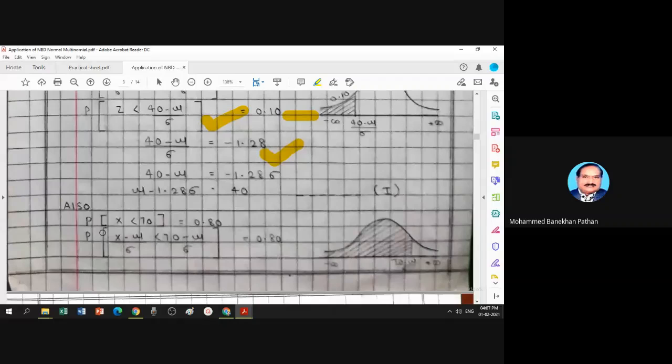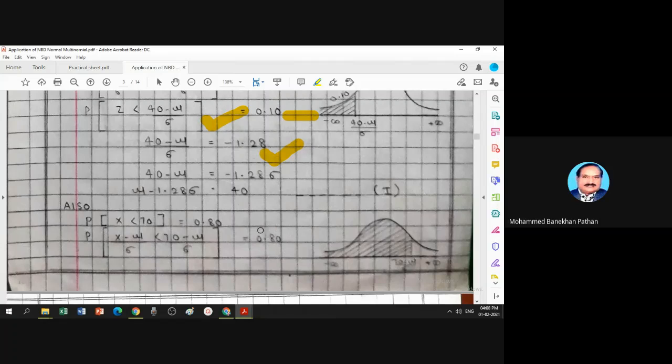Second statement: probability X less than 70 is 0.80. Again make the transformation, X minus mu by sigma, so 70 minus mu by sigma is 0.80. Now, as I just told you, inside the probability sign is less than, so I speak from the left hand. I start from the left and reach 0, but when I reach 0, my plot is 0.5.